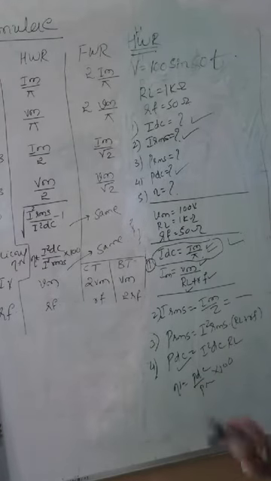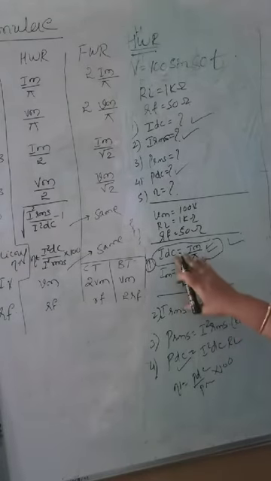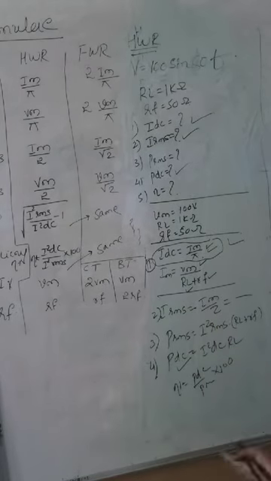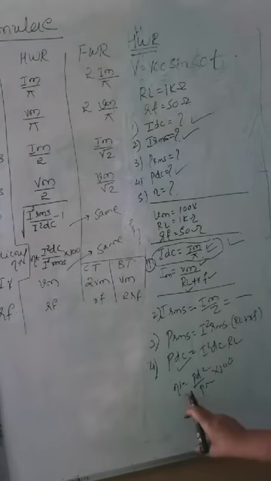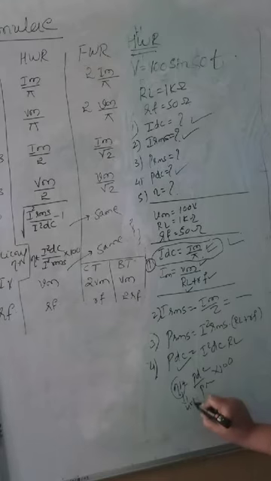If you do, you will get efficiency in percentage. Otherwise, go in terms of IDC and IRMS, I square DC divided by I square RMS into 100. Also you can do. So after calculating this, just to check, it should be very near to 40%, the standard value of a half wave rectifier.